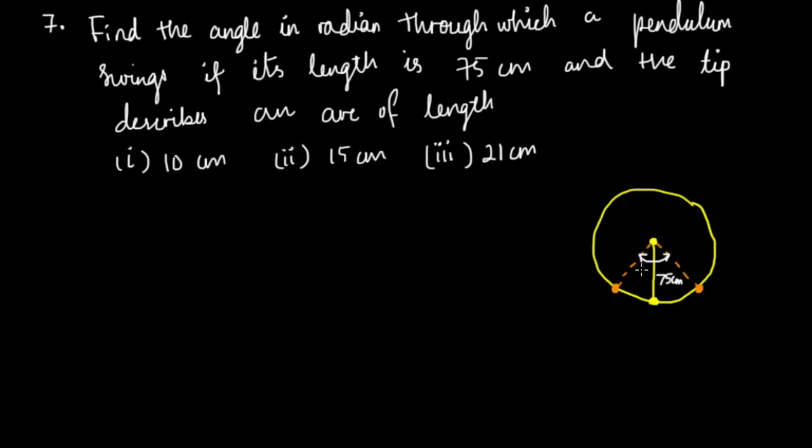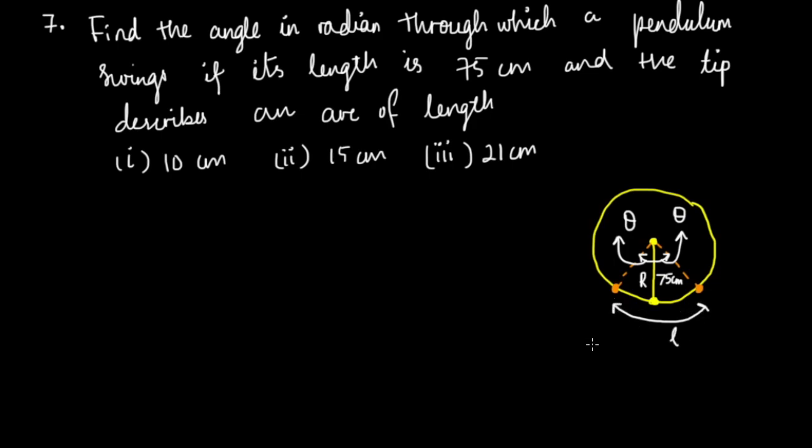I'll call the radius r, and let me call this whole angle 2 theta. So this small part I would call theta, and the total angle subtended by the pendulum is 2 theta, and let's call this arc length L.